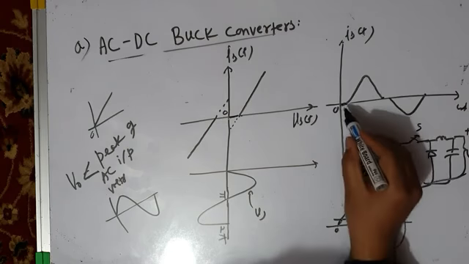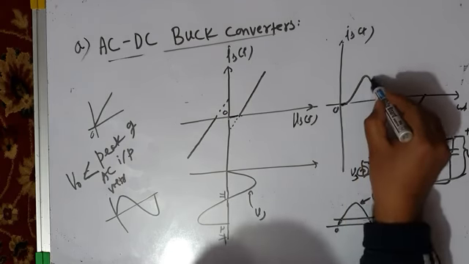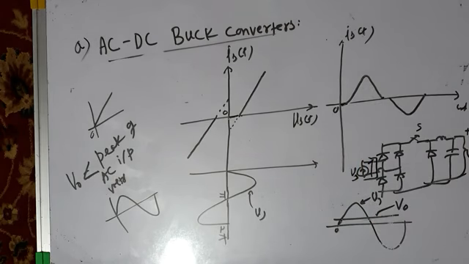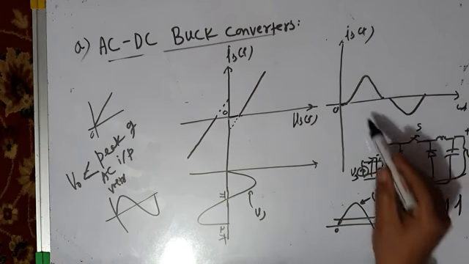So therefore source current from here to here is zero. After that, source current varies sinusoidally, of course in the presence of a filter. Without a filter it will be pulsed, but in the presence of a filter it will be like this.